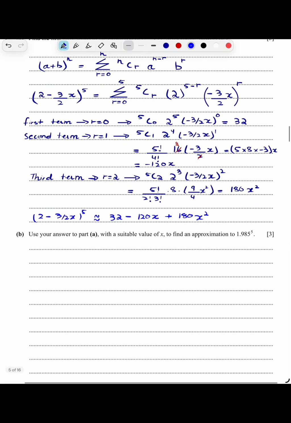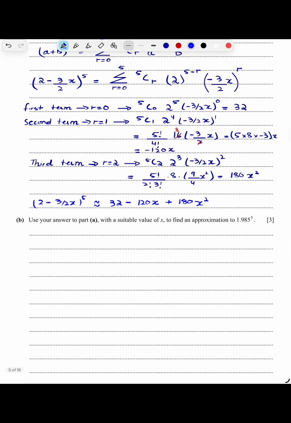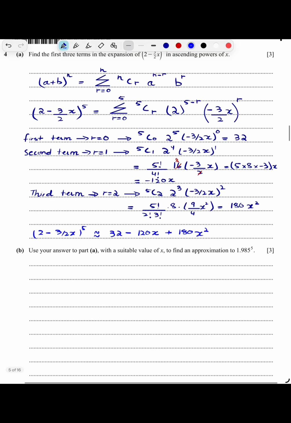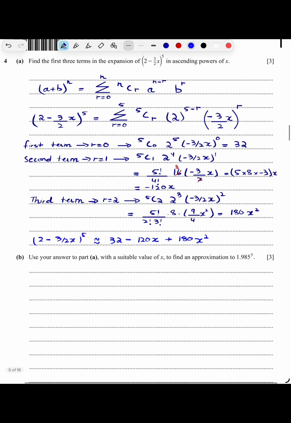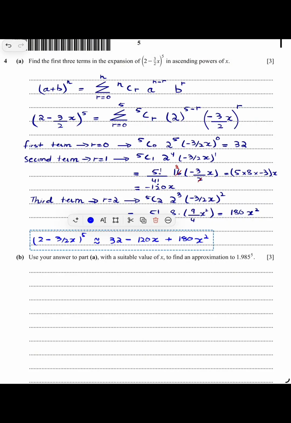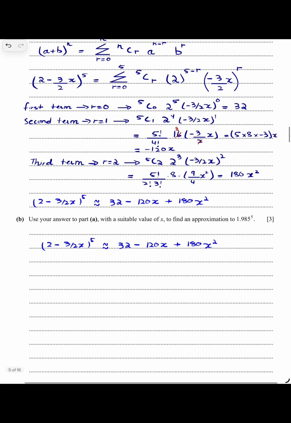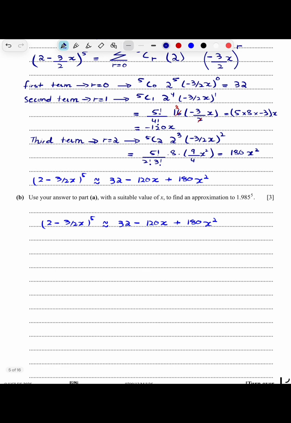Okay, use your answer in part A with a suitable value of x to find an approximation to 1.985. Okay, that's interesting. Okay, here we know the value of this, right? And they want us to find an approximation for 1.985 power 5.